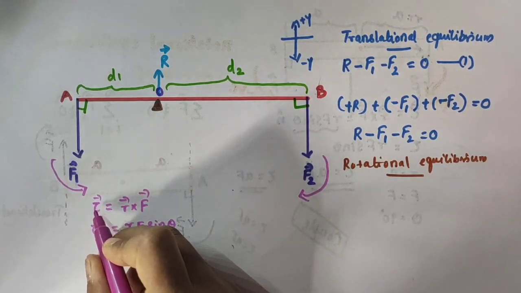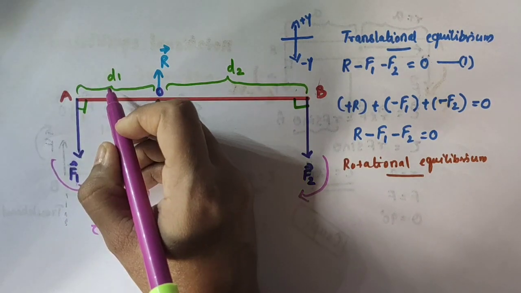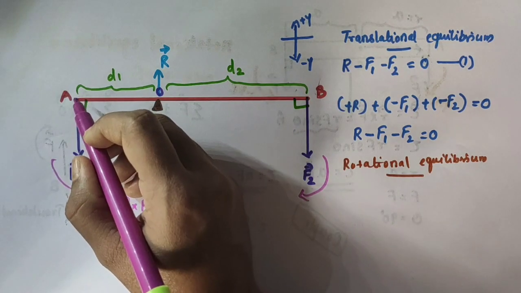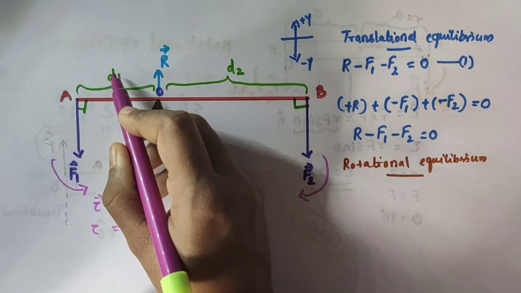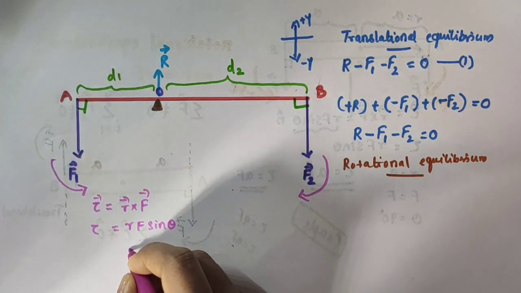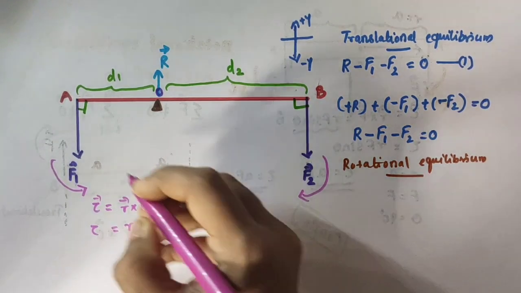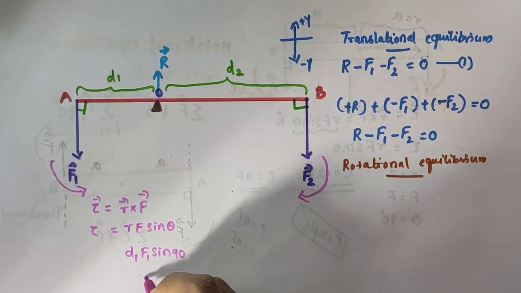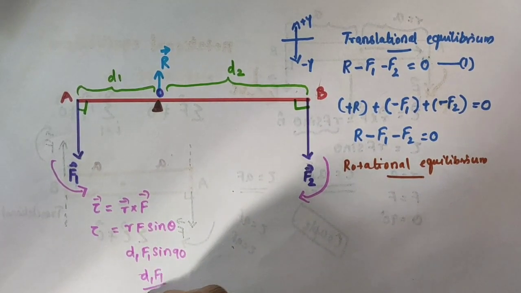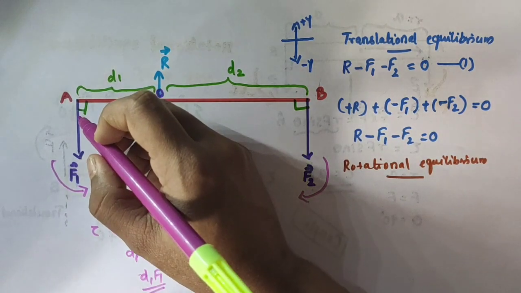To calculate the magnitude of the moment of force at A, here R is D1 and F is F1. Sine theta is sine 90, which is equal to 1. So this becomes D1 F1. So D1 F1 is the magnitude of the moment of force at A.